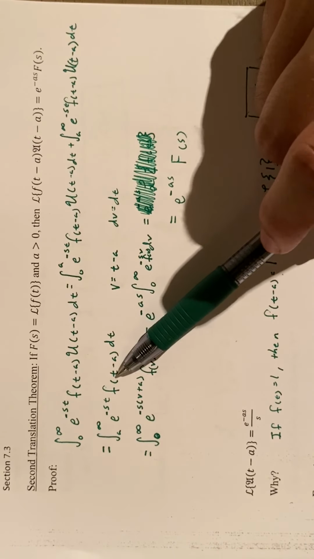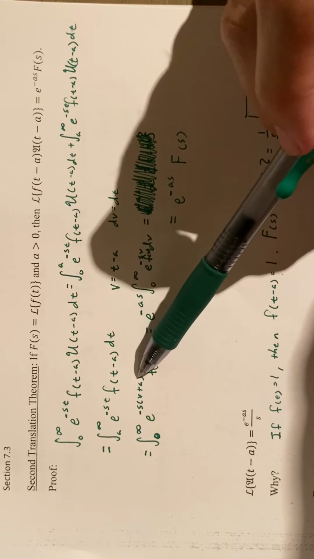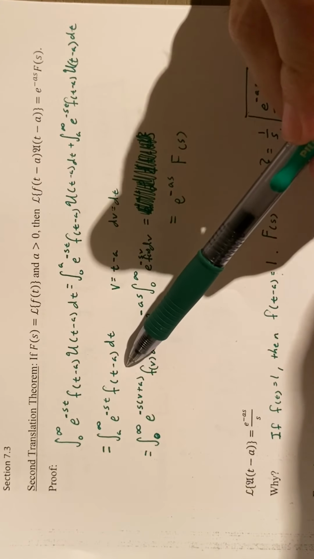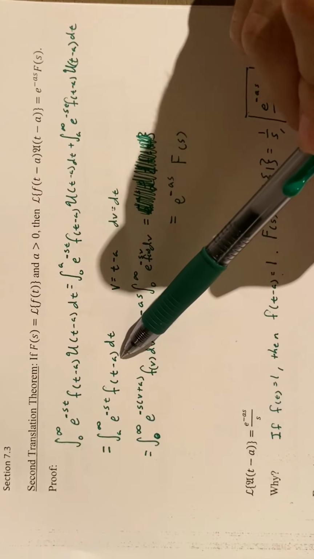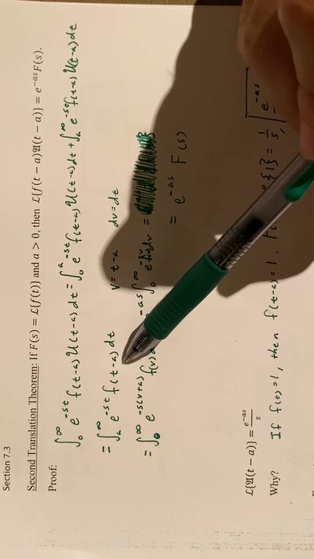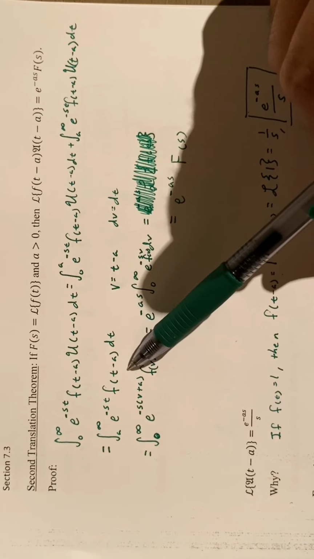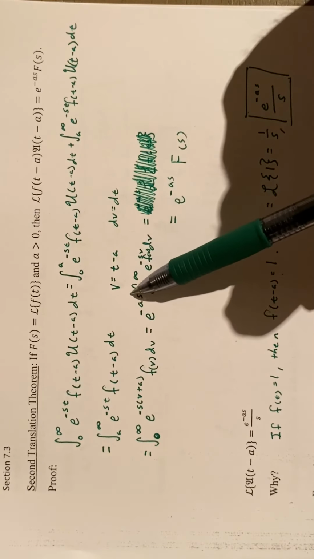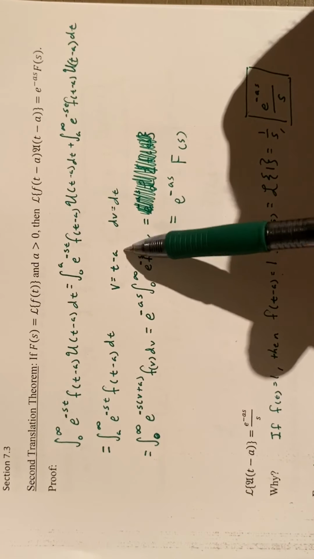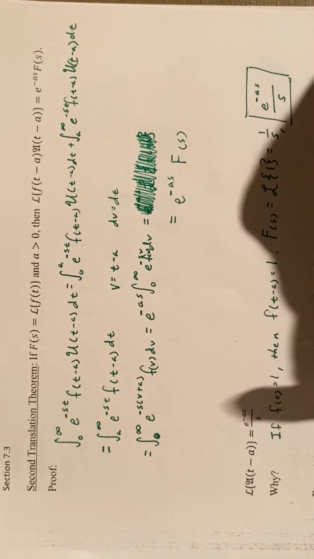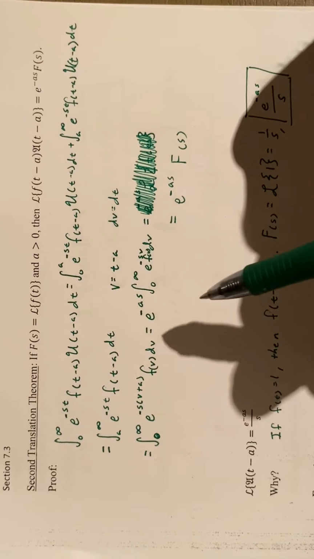Now, because we have a variable with some constant, what we're going to do is use kind of a u substitution, but instead of using u, I'm going to use v. So v is t minus a, and dv, the derivative of this, is just going to be dt, the derivative of t and a, where a is a constant and t is my variable.